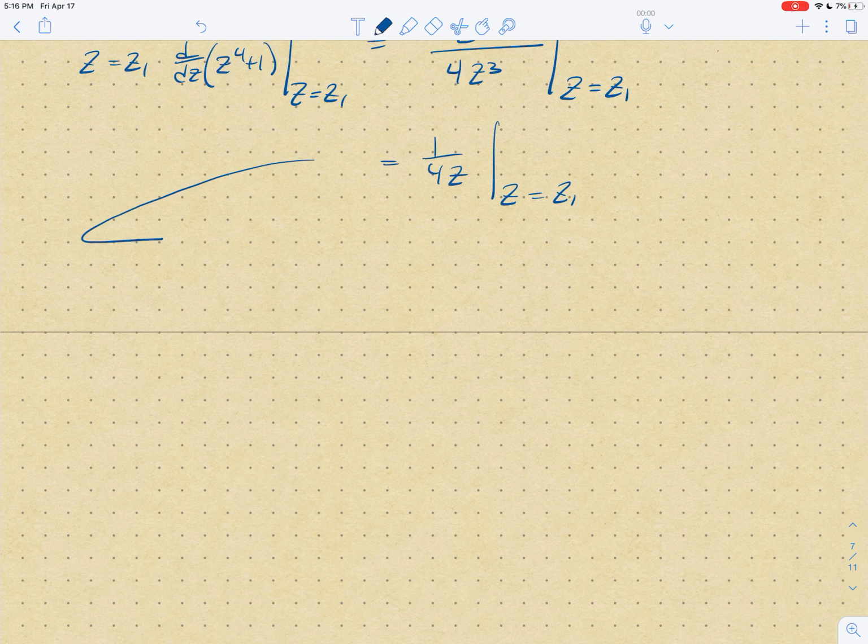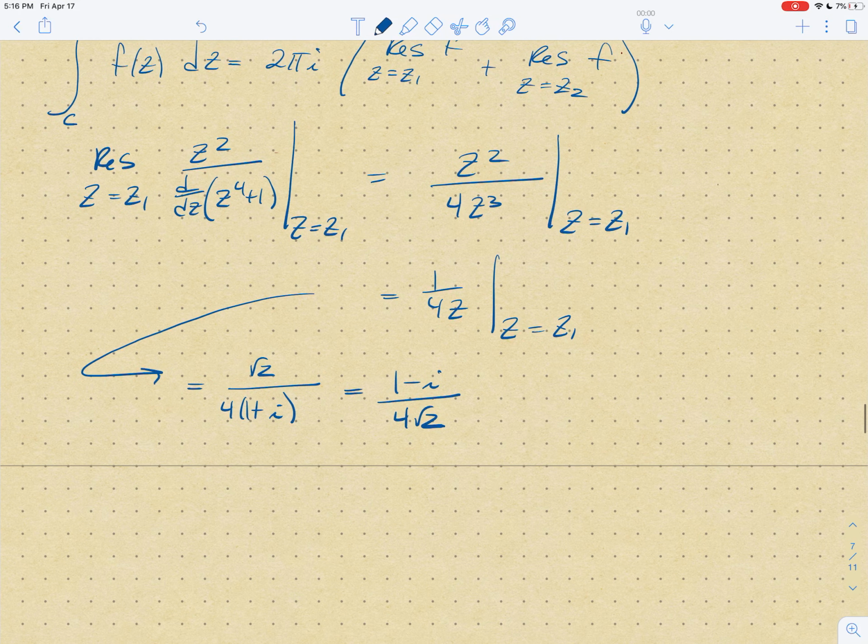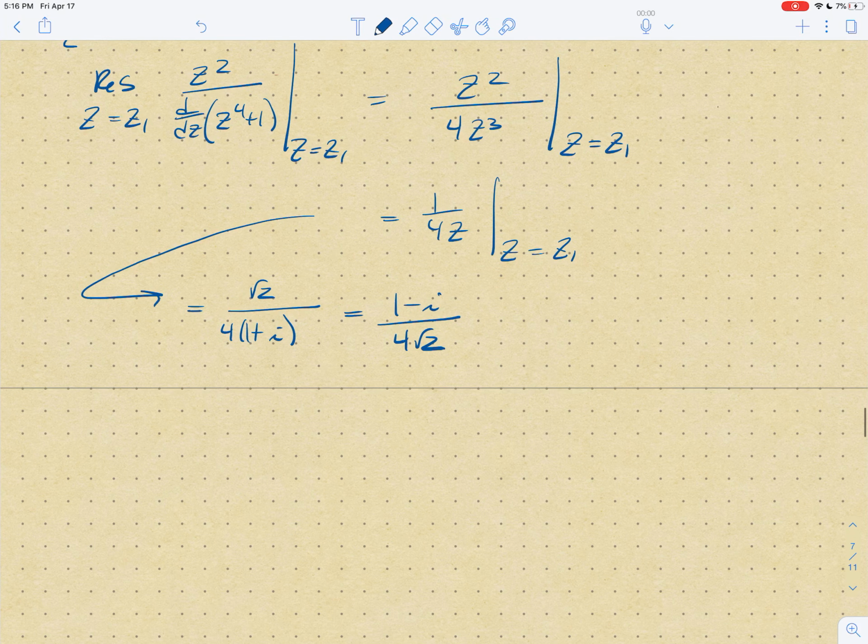So this is exactly root 2 over 4 times 1 plus i. I'm just plugging in my z downstairs, the root 2, flip it up. And so we want to put this in standard form, and so you can write this as 1 minus i over 4 root 2. That's the residue of f at z1.